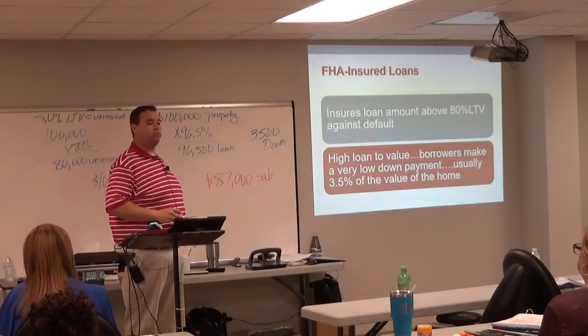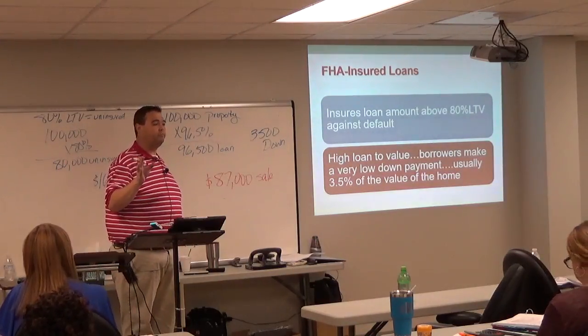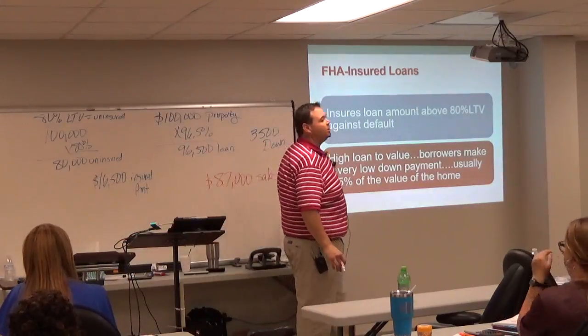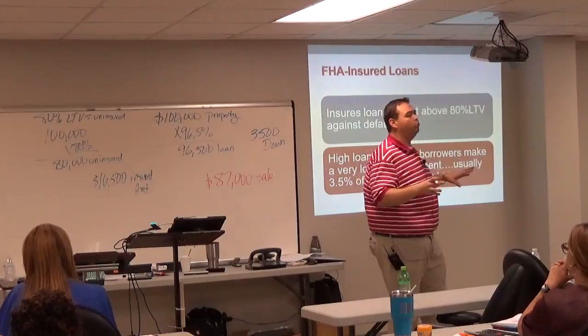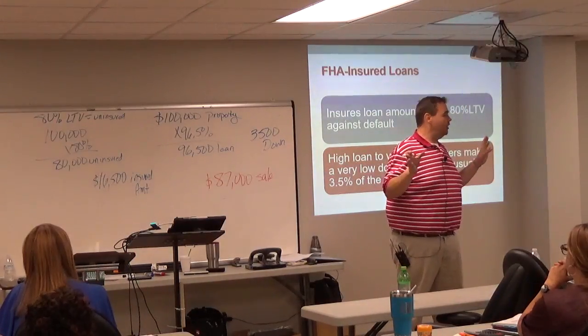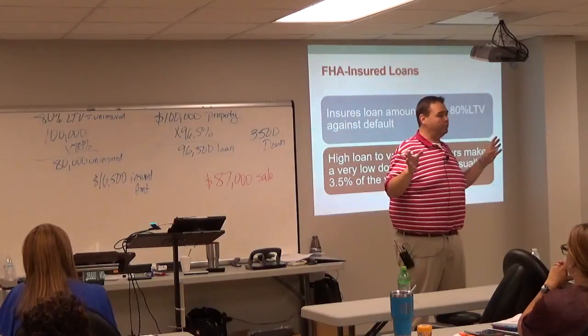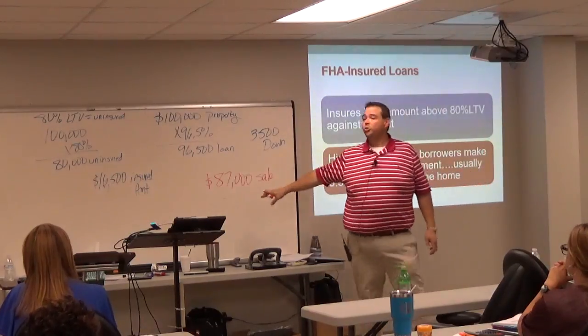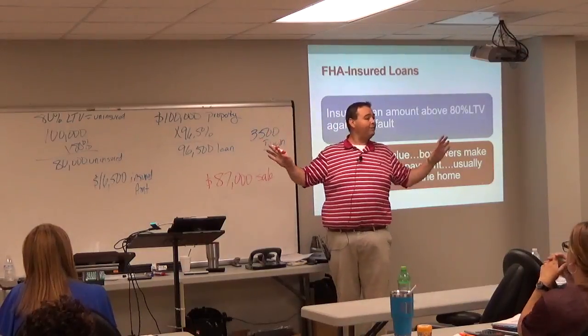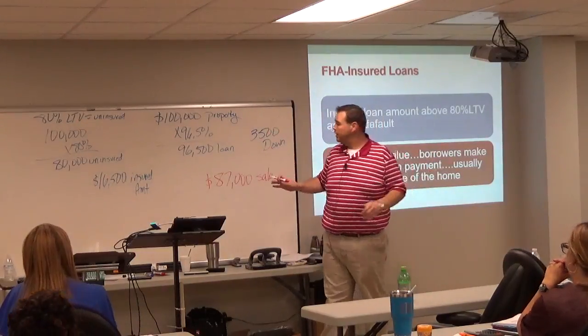Does that make sense? Is everybody okay? Now, how much of the value of the note was uninsured? 80,000, right? Which is 80%. Did we get the uninsured portion back? Yes. We did. So we don't have to worry about that. Does that make sense? Yes.